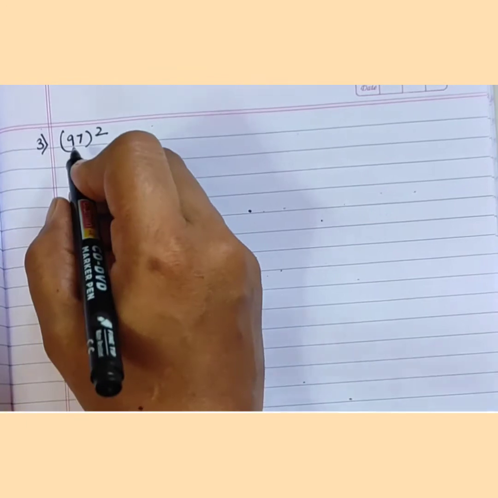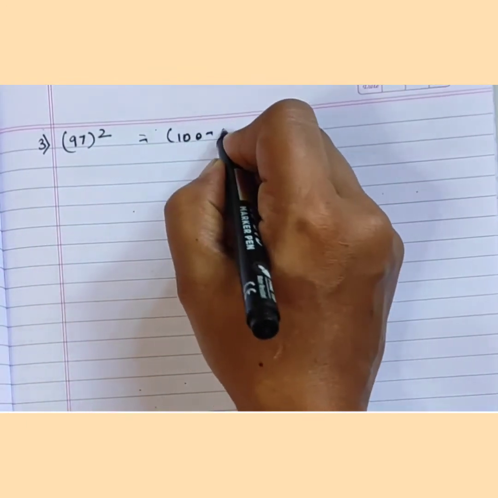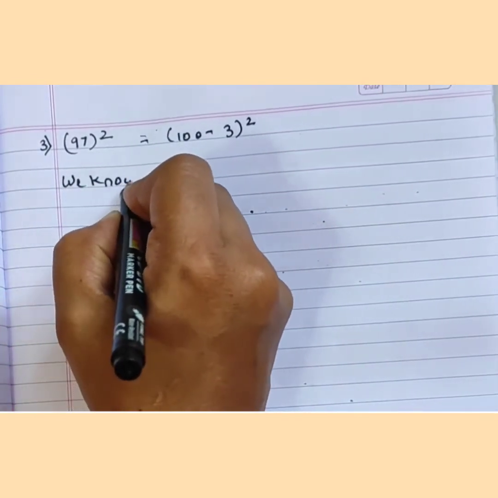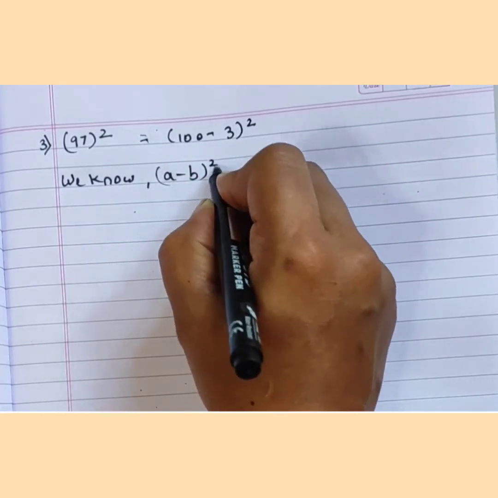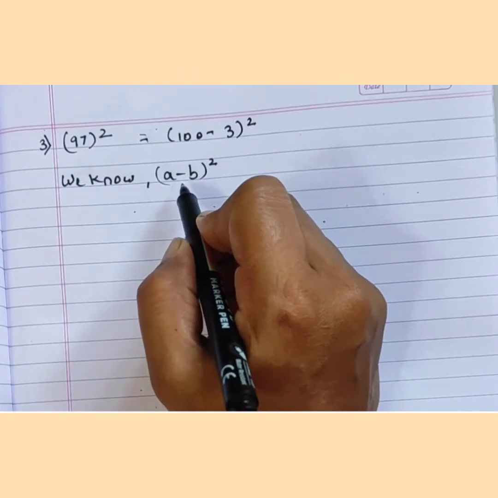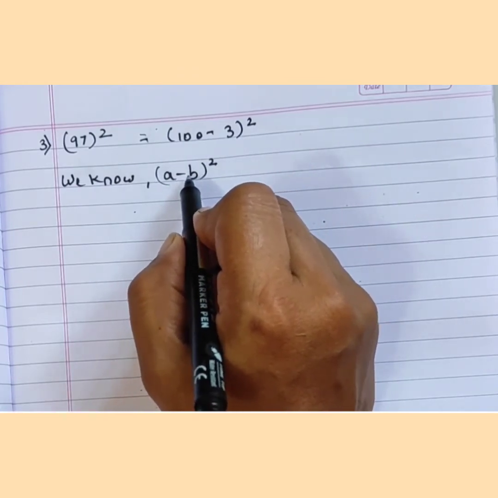Third sum, 97 square, which we can write as 100 minus 3 the whole square. Now we know our formula as a minus b the whole square. Whenever there is a negative sign in the binomial, we have to use the negative sign algebraic formula.